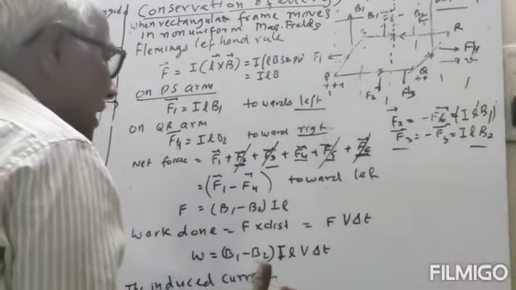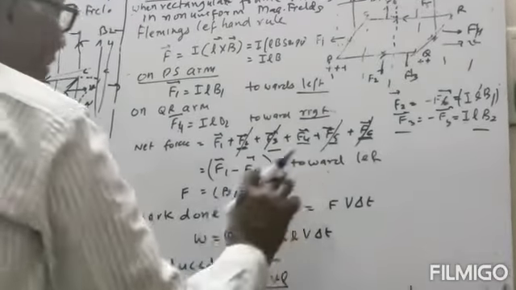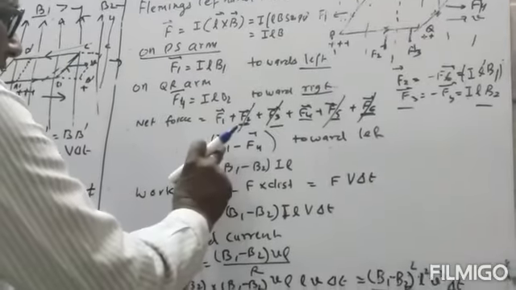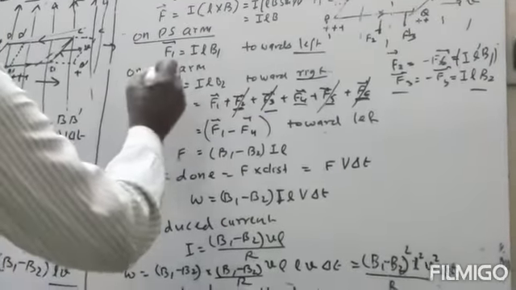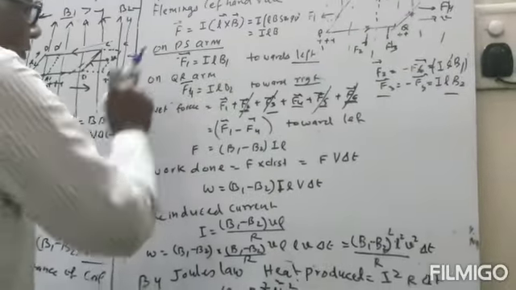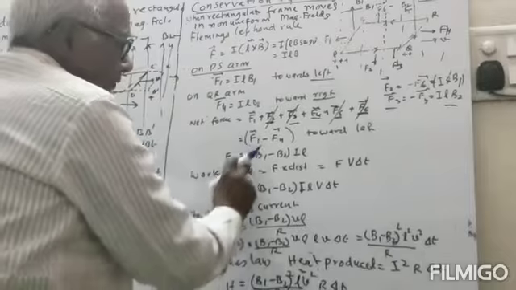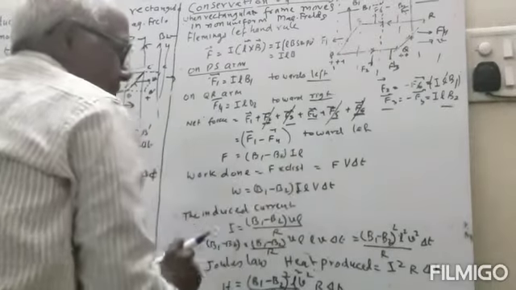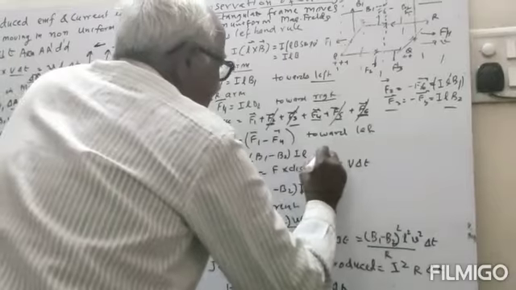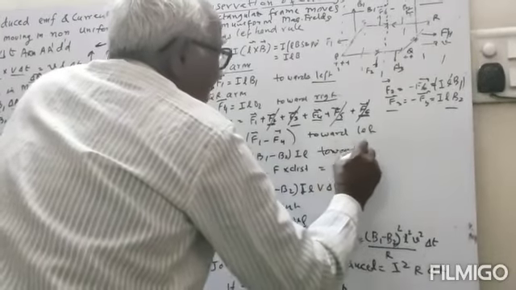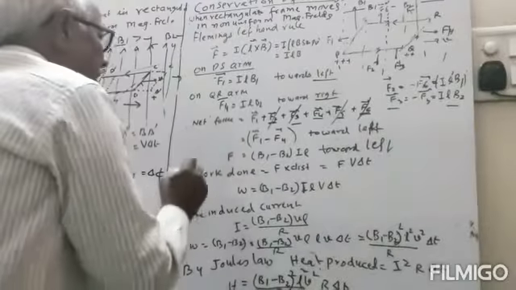F1 is greater than F4, so the net force will be towards the left, and the net force will be equal to F1 minus F4, which is equal to (B2 minus B1) into I into L. So this will be the net force, and this force will be towards the left.